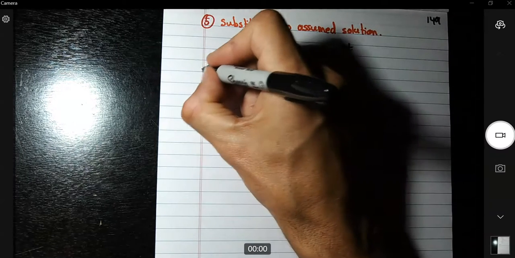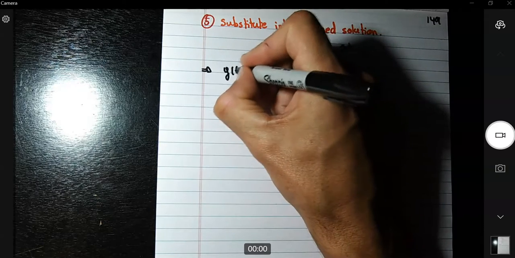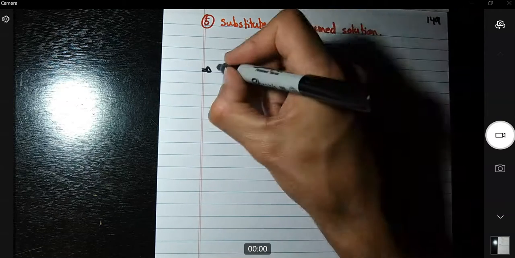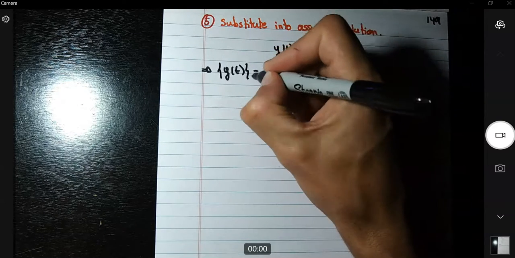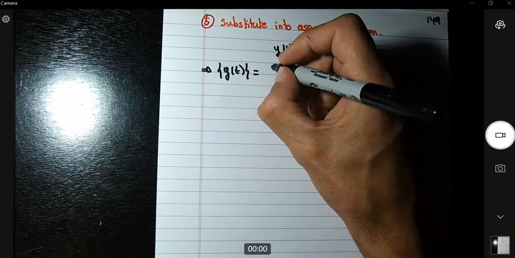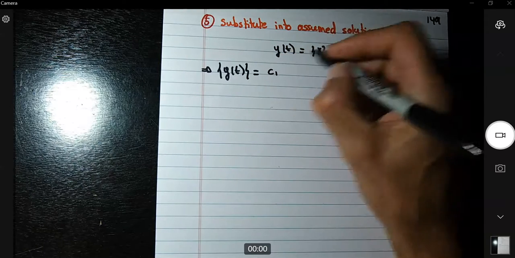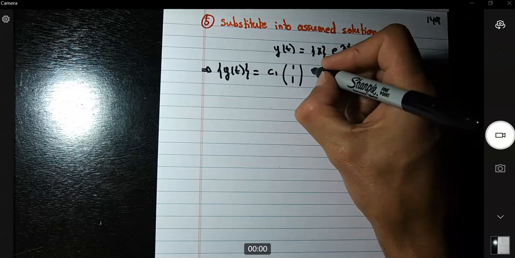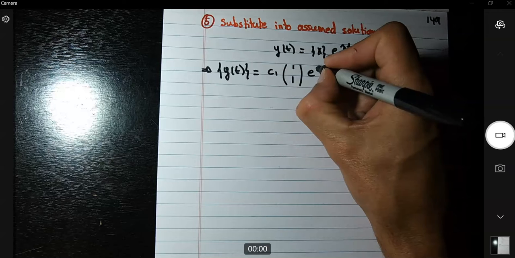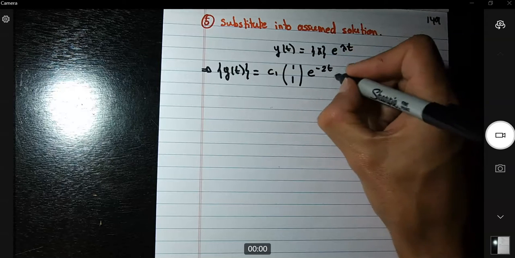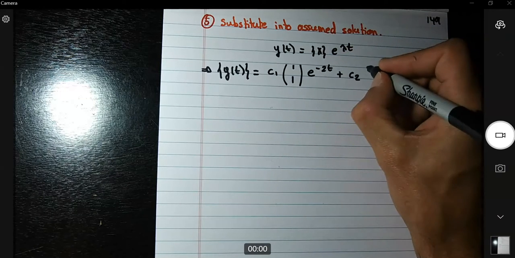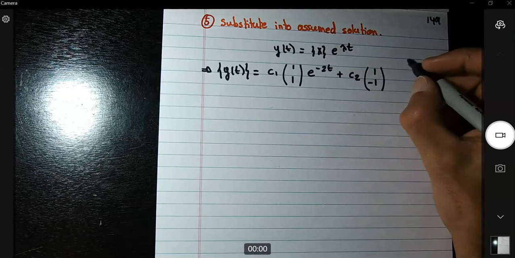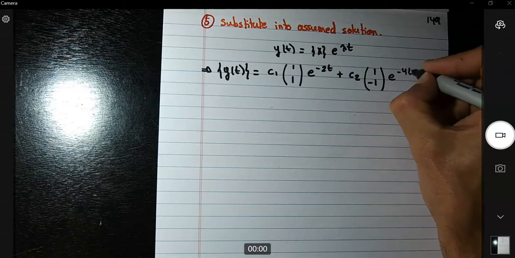So this will mean that y of t vector here will be equal to what? C1 times the first eigenvector 1, 1, exponential of minus 2t, plus C2 times 1, minus 1, the second eigenvector, exponential of minus 4t.